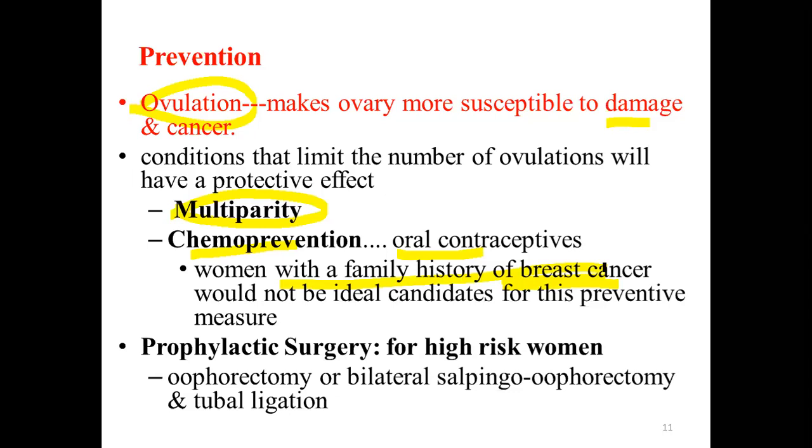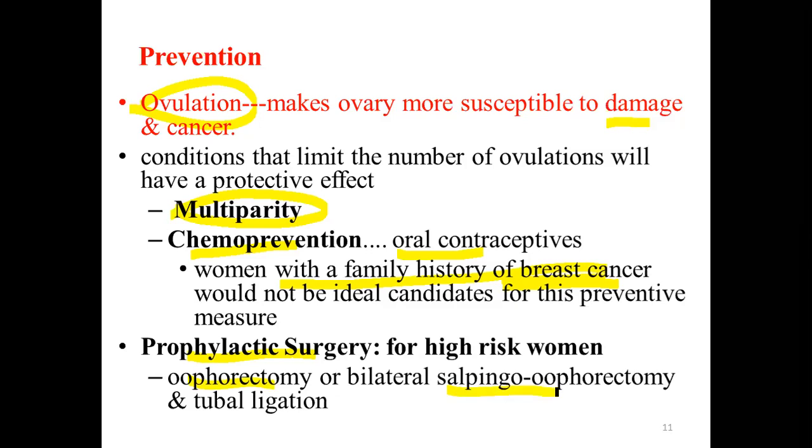Then, according to some guidelines, there is a possibility to consider prophylactic surgery for high-risk women. High risk means having a family history or a mutation in the BRCA1 gene. Consider undergoing surgical resection of the ovary and even the fallopian tube, and tubal ligation.